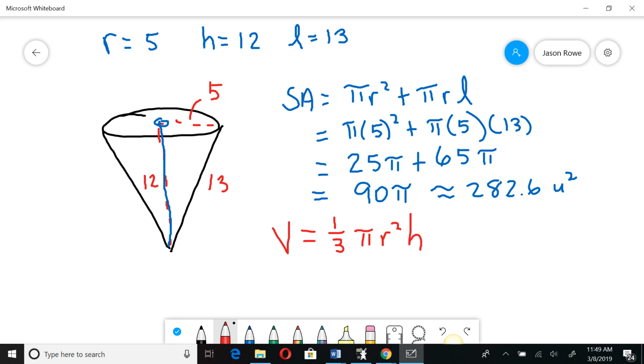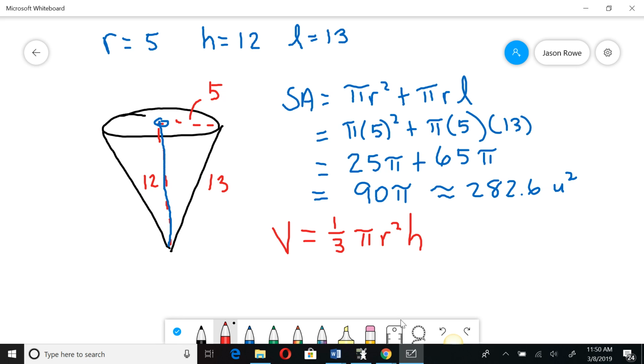If you take a cone with the same height and radius as a cylinder with the same height and radius, you could fill that cone up 3 times, pour it into the cylinder, and then the cylinder would be full. So that's why the volume of any cone is 1/3 the same cylinder.